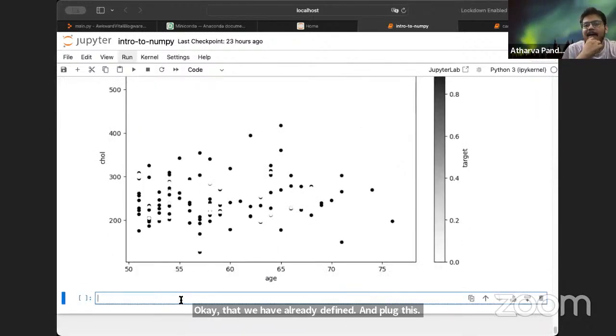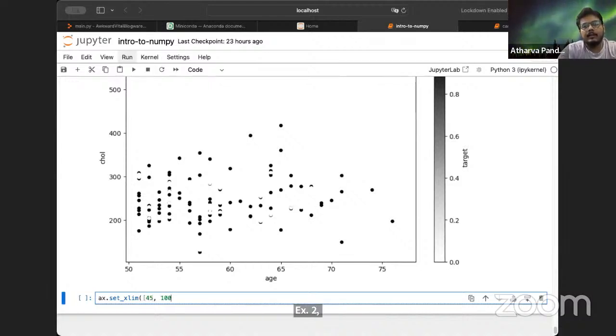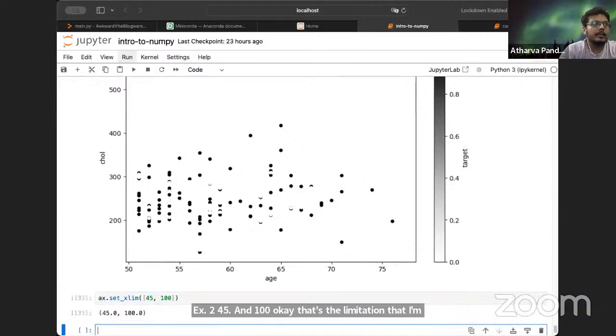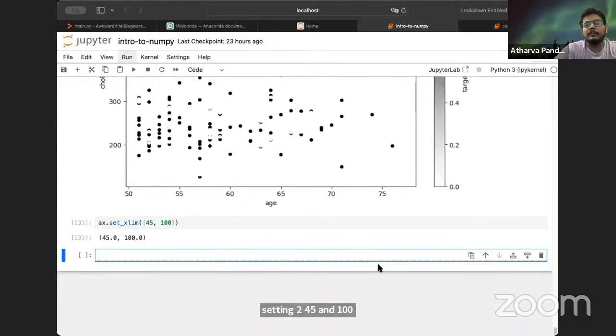And if I set the X limitation to 45 and 100, that's the limitation I'm setting.